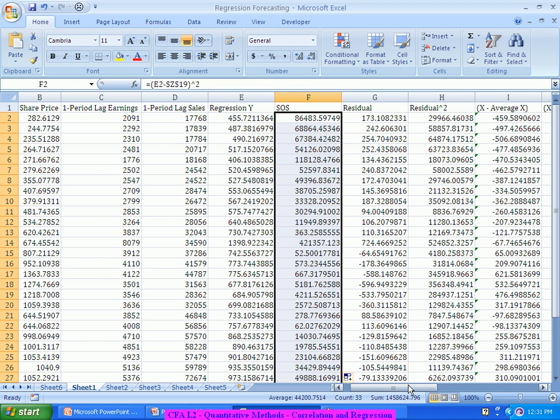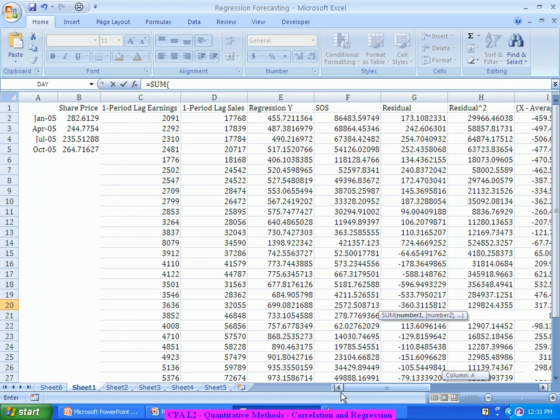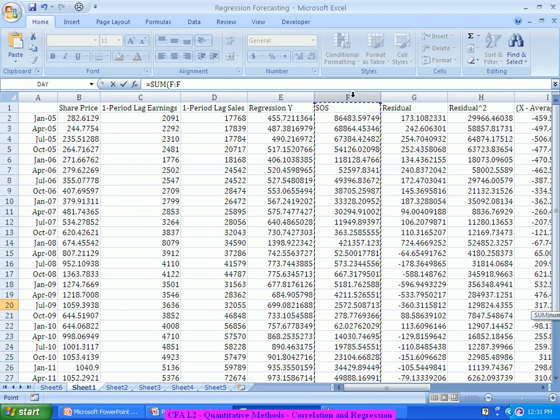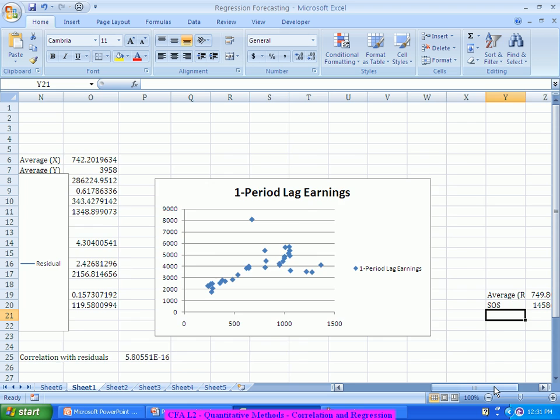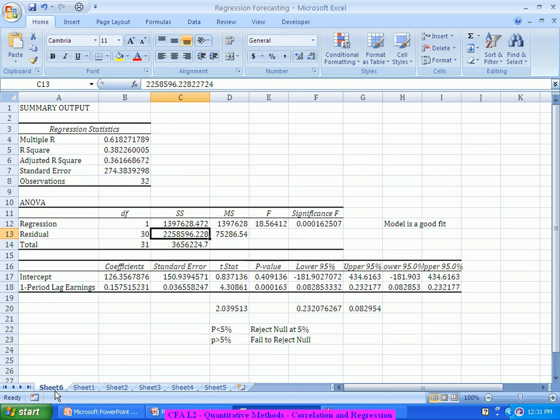So when I am doing the sum of squares of this, it simply comes out to, let's say, 1458. So here we see some small difference. 1397 being my regression sum of squares, whereas 2258 being my residual sum of squares.